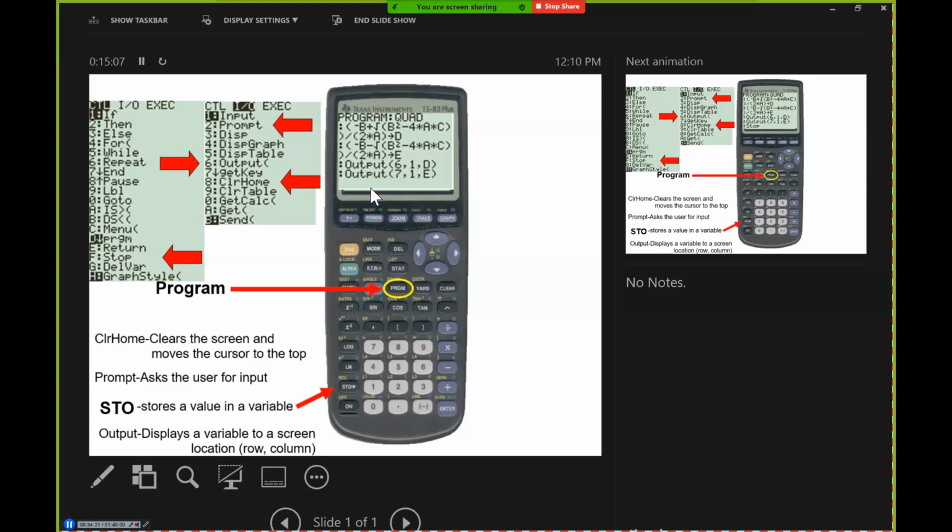Anybody still typing this stuff? Yeah, I'm almost done. Okay. Mr. Kulik, where's the comma? It's right above the number 7. Okay. No problem.